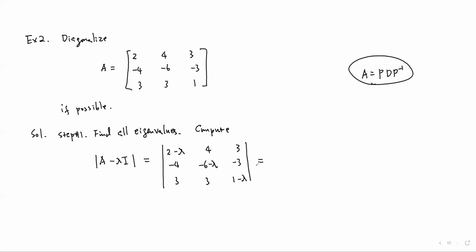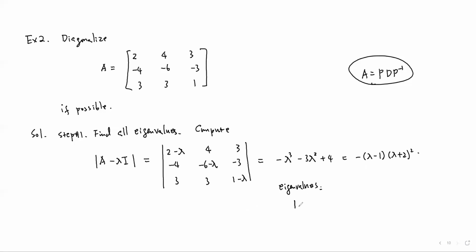Now expand the determinant. We have negative lambda minus 2 squared times lambda plus 4. Factor this polynomial. So eigenvalues: again, it is a 3x3 matrix, so there are 3 eigenvalues.